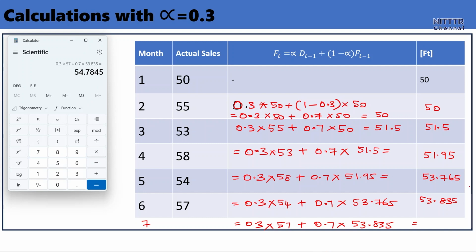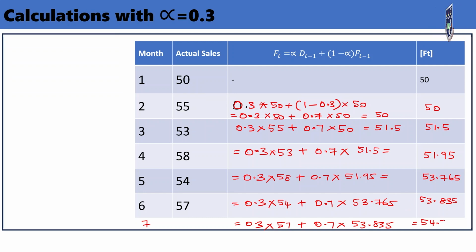So, that turned out to be 54.785. But the actual may be different, that is yet to be known. The forecaster may say that the anticipated sales for the 7th period may be 54 and the actual may be something different or near to it.